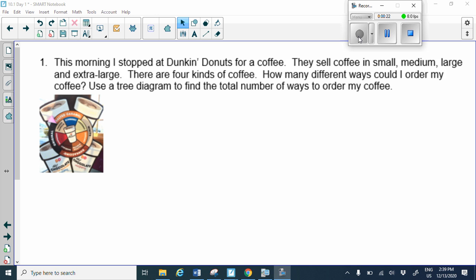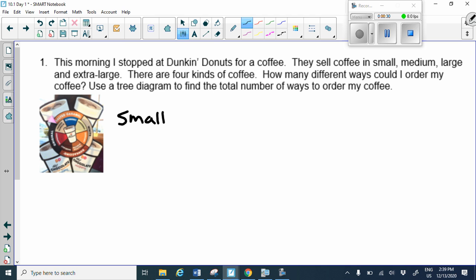Okay, so notice first that I have 4 different sizes of coffee. I have my small, medium, large, and then extra large, okay? Now, for each of these different sizes, I have 4 different types of coffee. Now, you can name your coffees as you want.